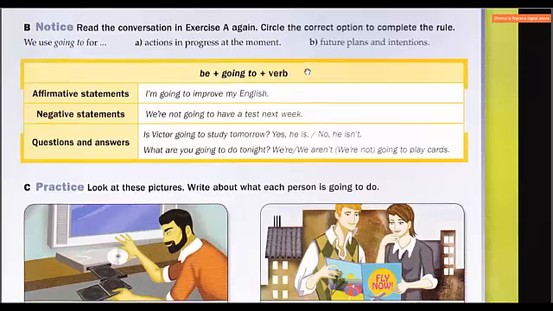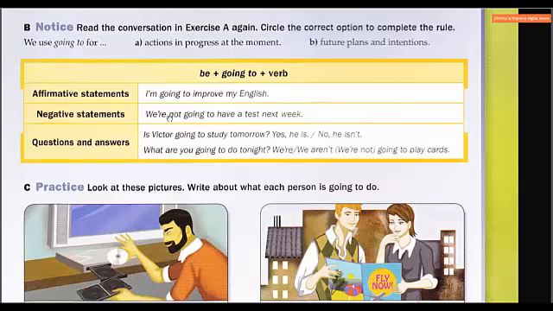Today we're going to talk about future plans and intentions. For example, in the affirmative statement, I'm going to improve my English, okay? As you could see in the previous conversation, I'm going to improve my English.